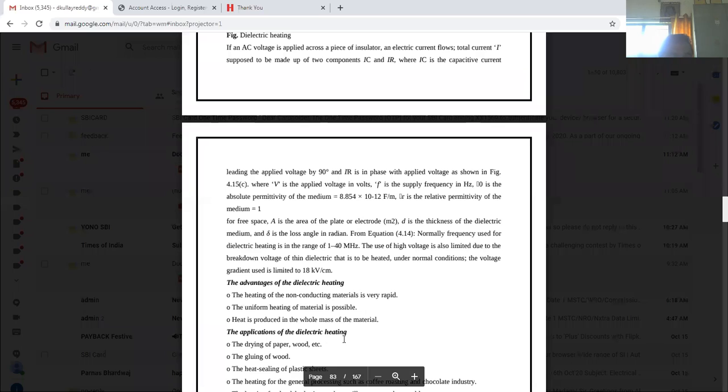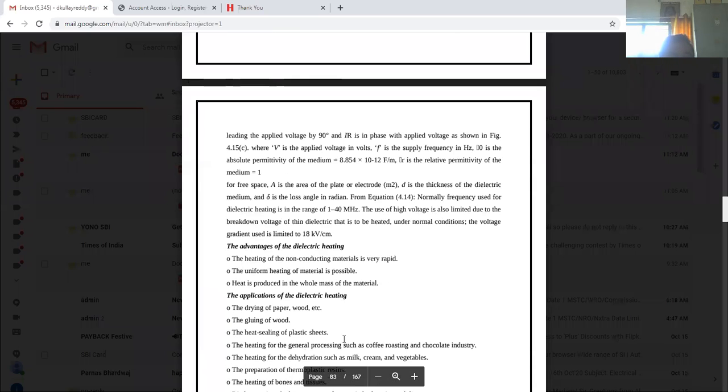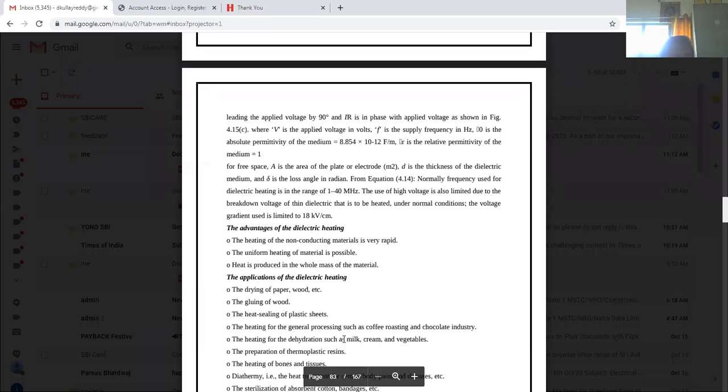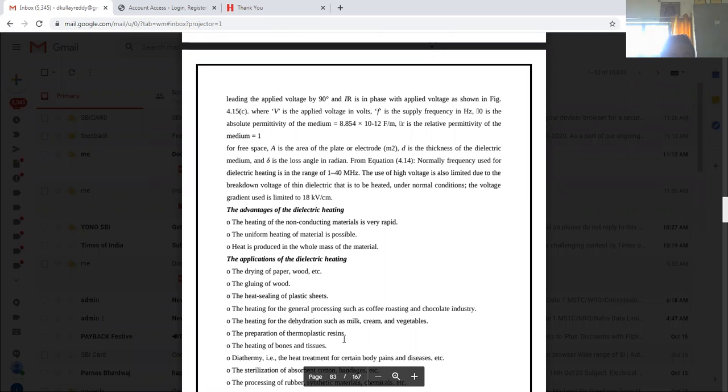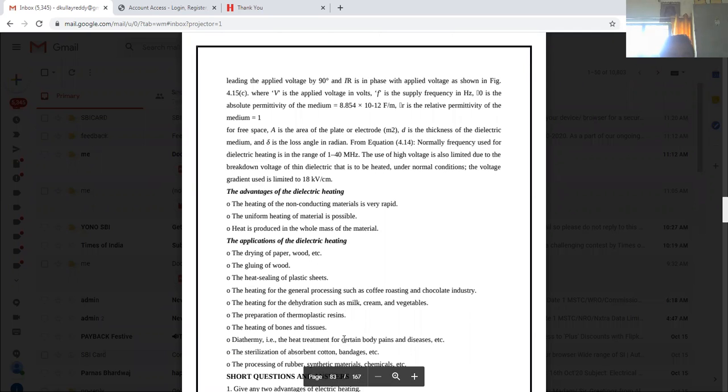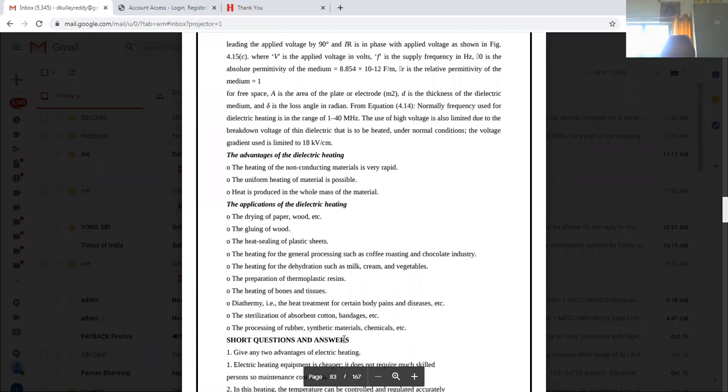Applications are drying of paper, gluing of wood, heat sealing of plastic sheets, home appliances, and pressing of doors. Also dehydration of milk, cream and vegetables, preparation of thermoplastic resins, heating of bowls and tissues, diathermy, sterilization and absorption of cotton and bandages, and processing of rubber, synthetic materials and chemicals. These are the applications of dielectric heating.